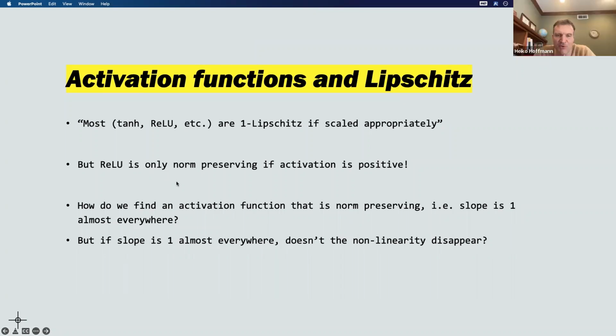Right. Maybe a question here, might be something I missed. Why do they care about this norm preserving as opposed to just 1 Lipschitz? My guess is that norm preserving is a stronger condition than 1 Lipschitz. Yes, it is. But why do we care about it? Because if I'm trying to learn a Lipschitz function, and I can restrict my W's to norm preserving W's, I have a smaller space of W's to search over.